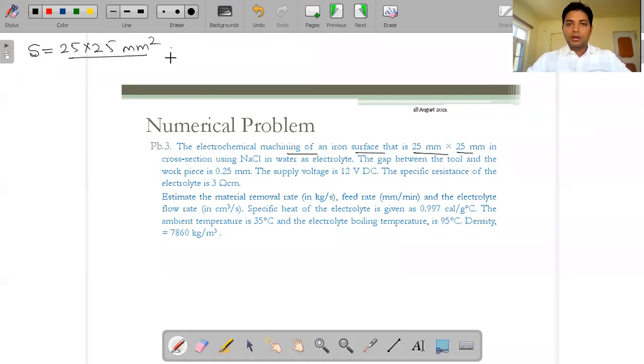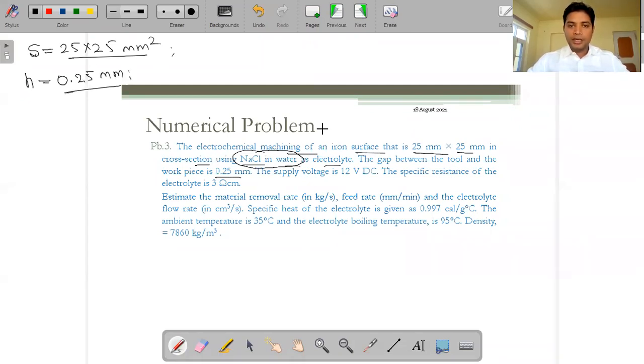It uses NaCl in water as electrolyte, which we have already discussed, basically salty water. Now the minimum gap between the tool and the workpiece, the small h value, is given as 0.25.